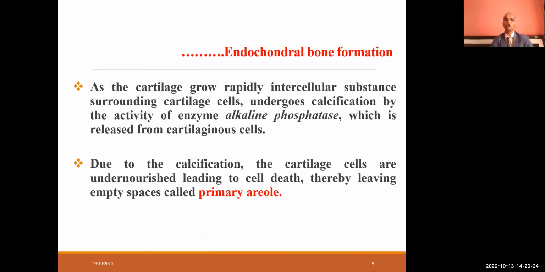As the cartilage grows rapidly, the intercellular substance surrounding the cartilage cells undergoes calcification by the activity of the enzyme alkaline phosphatase. This enzyme, released from the cartilaginous cells, helps in the calcification of the intercellular substance, meaning the spaces between the cartilage cells.